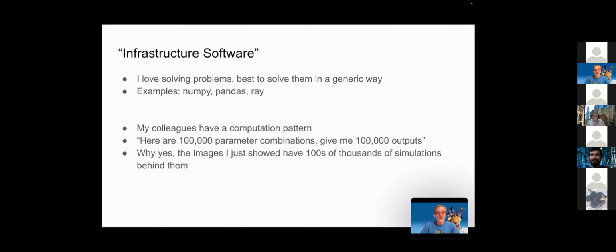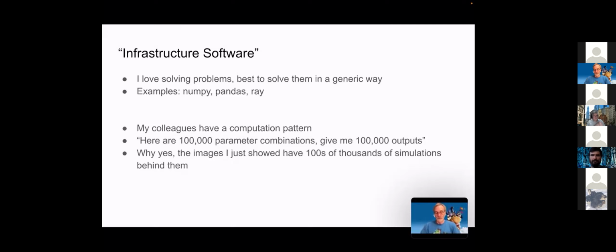That involved hundreds of thousands of simulations where we would take fake data of, for example, a disk, and run it through our algorithm, and make sure that it doesn't accidentally show up as something with a hole in the middle. So that involves hundreds of thousands of parameter combinations. And so I decided I'm going to write infrastructure software that does this.